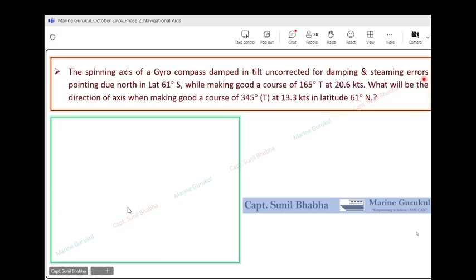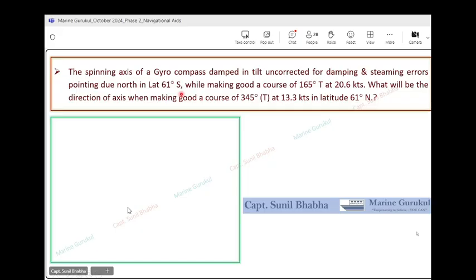But even an uncorrected compass is pointing due north in latitude 61 degrees south. Since the compass has these errors, it should not have pointed due north. But even after having these errors, the compass is still pointing due north.